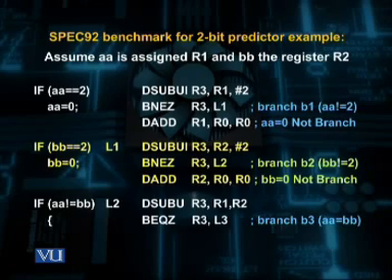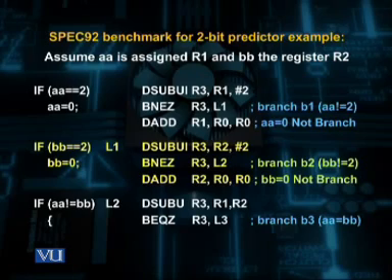Similarly, the second branch is if BB is equal to 2, then we want to make BB equal to 0. This can be implemented by using this small 3-line code, that is, subtract unsigned immediate R3, R2, number 2, which means that from the contents of R2 we subtract a value 2 to find whether the value of BB is equal to 2 or not.